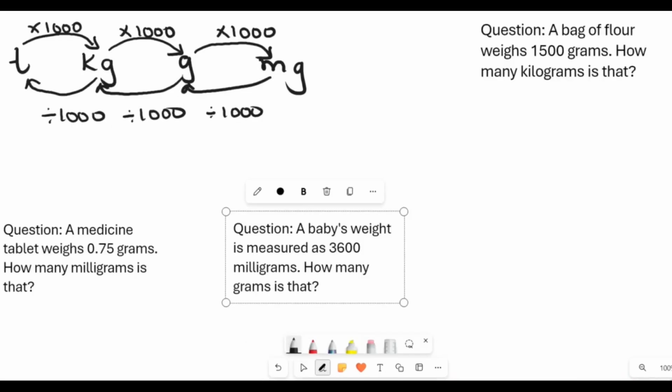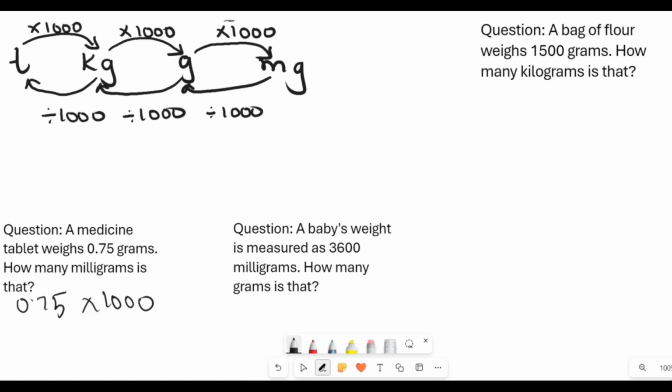Okay, so next question. A medicine tablet weighs 0.75 grams. How many milligrams is that? So you need to convert gram to milligram. That means you have to multiply it by 1000. 0.75 multiplied by 1000. It's very easy to multiply.